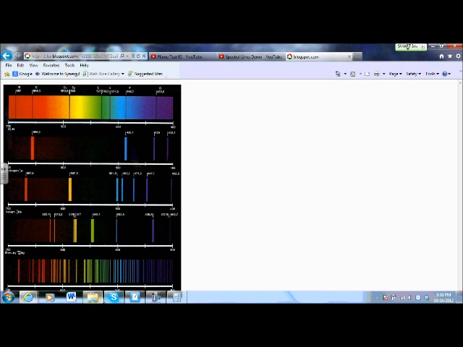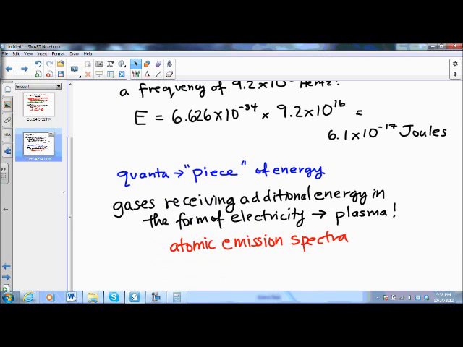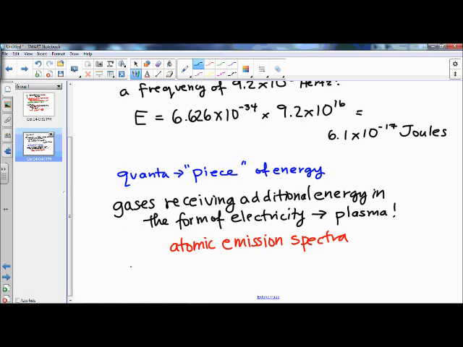So let's go back to our atomic emission spectra. So what is atomic emission spectra?